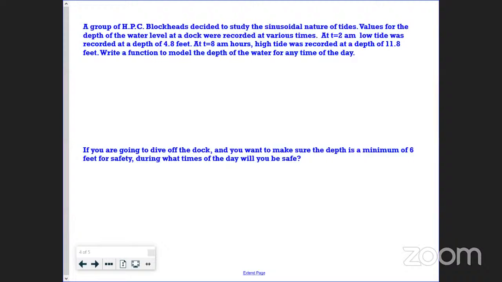What'd you get for the absolute value or amplitude? 3.5, I think. Are you doing normal cosine? Negative, because it starts at low tide. 10, 22.73. Plus 4. 5:15 to 10:40.